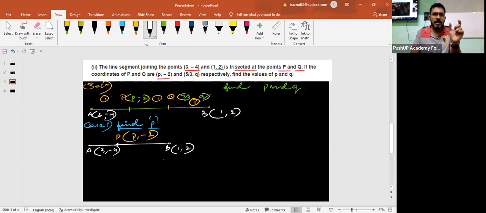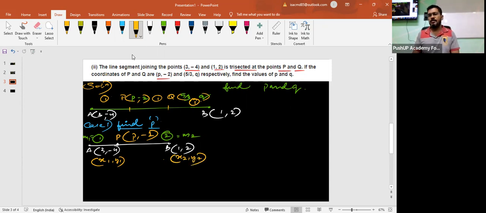How much would be AP? AP would be 1 part. How much would be PB? 1 + 1, which is equal to 2 parts. So here I can assume M1 is equal to 1 and here I can assume M2 is equal to 2. Now, let's assume the coordinates of A as x1, y1 and coordinates of B as x2, y2.